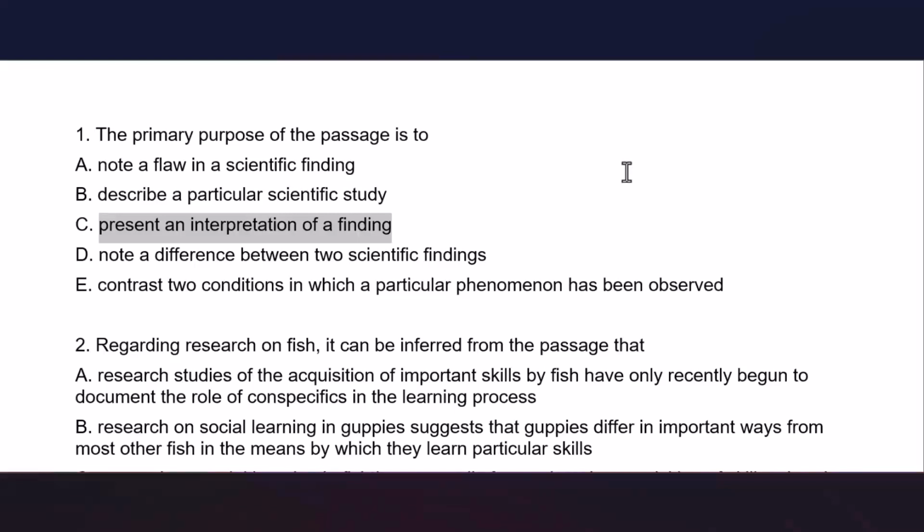Because in the passage, the author mentions a finding, and the finding is that guppies learn less when they develop in a high density society in comparison with when they develop in a small society. And its interpretation is that in a large society, guppies see their fellows as their competitors, not a source of knowledge to learn from.